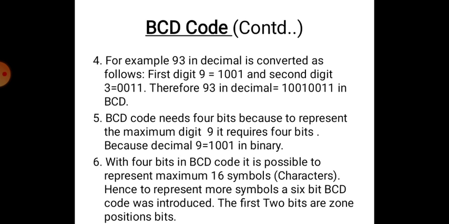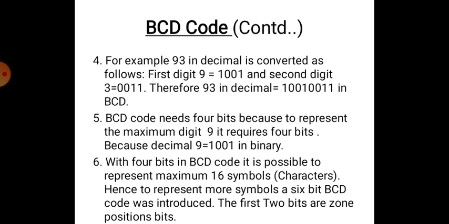Point number 4. For example, again second example, 93 in decimal is converted as follows. First digit 9 is equal to 1 0 0 1 and second digit 3 is equal to 0 0 1 1, and therefore 93 in decimal is equal to 1 0 0 1 0 0 1 1 in BCD.